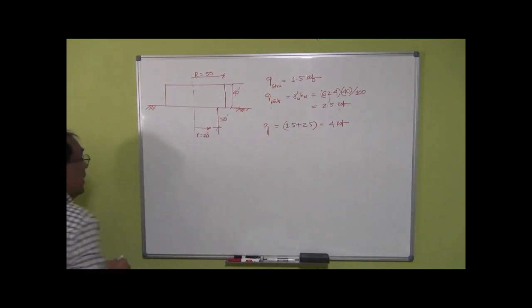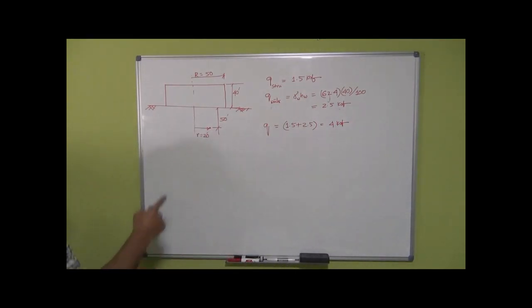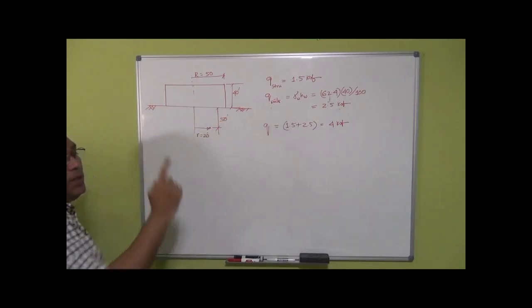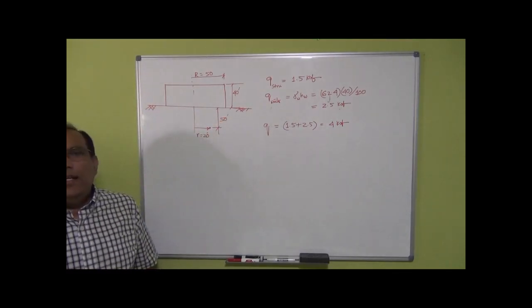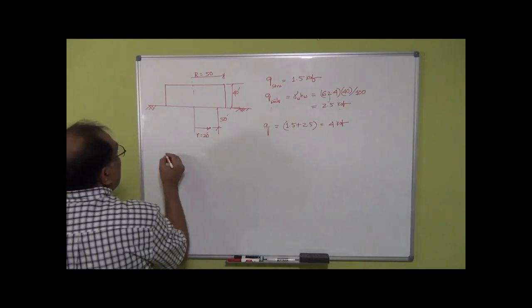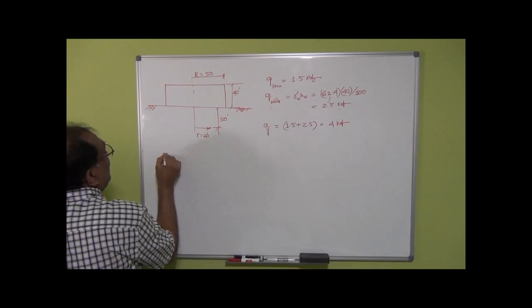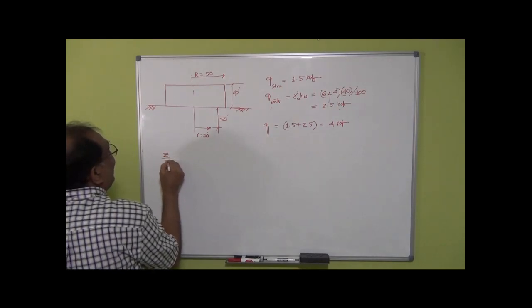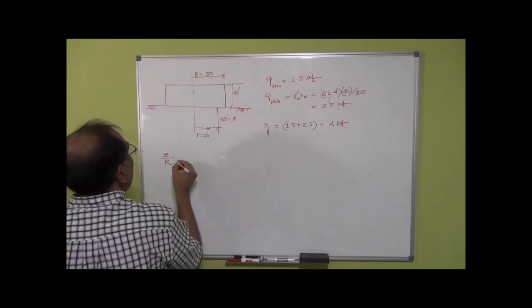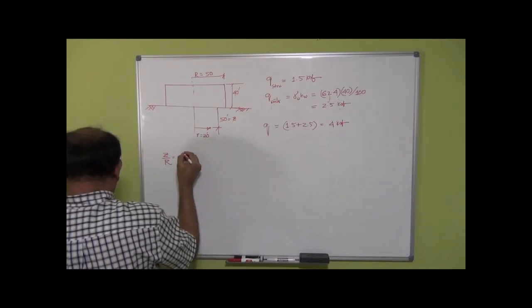Okay. Now for this particular type of thing, this is a round shape foundation. In that situation, we know that your z by R is z here, 50 by 50.